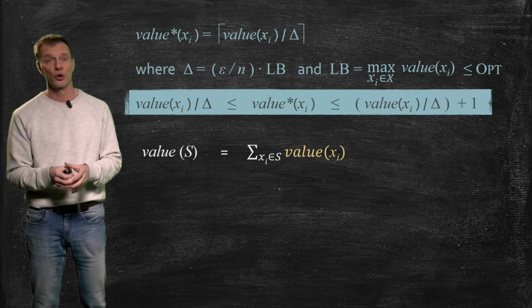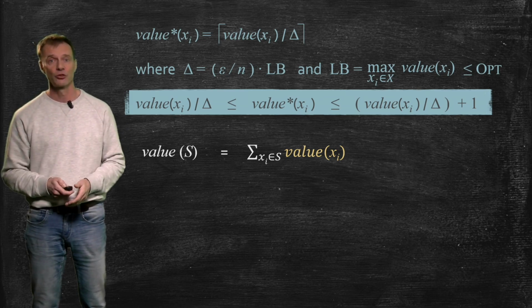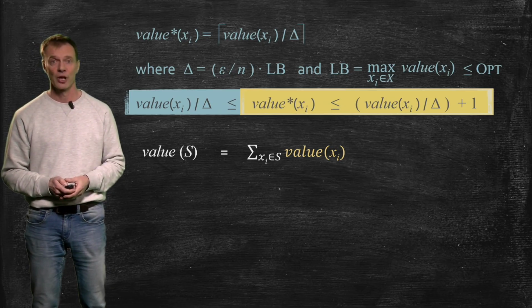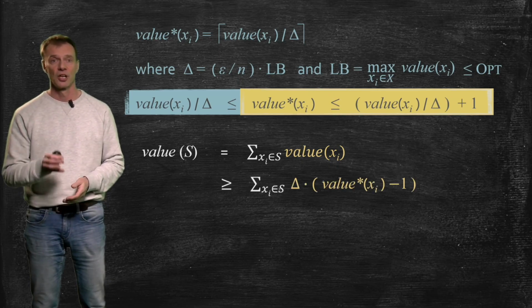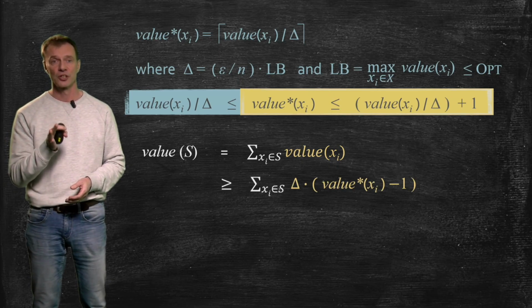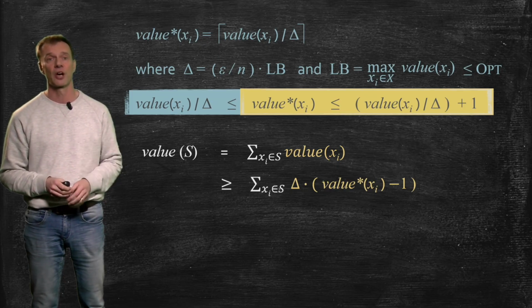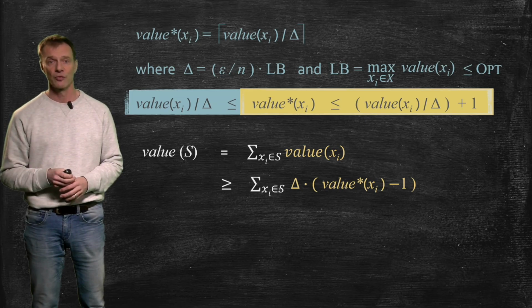To do that, I can use this inequality. If I plug this into my formula, then what I get is that value of S is at least the sum over all items in S of delta times (value star of xi minus 1).